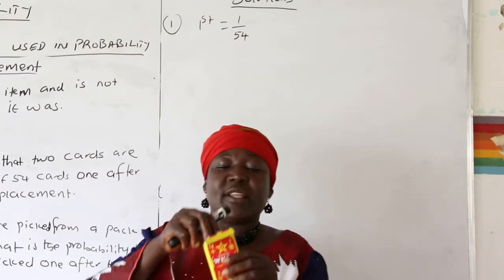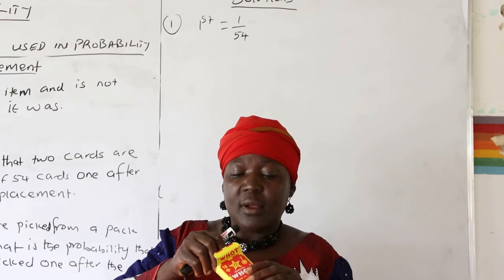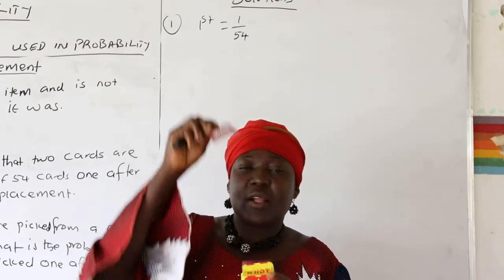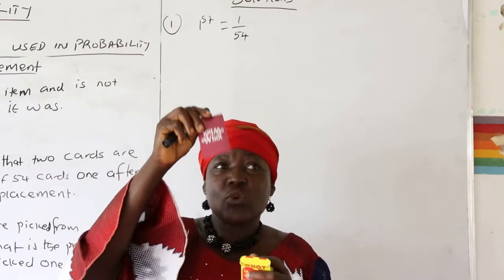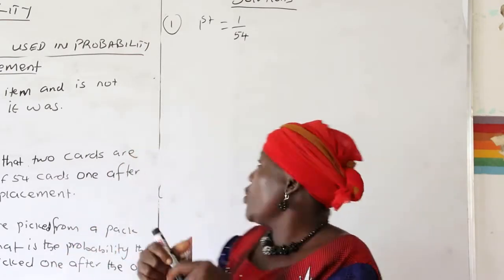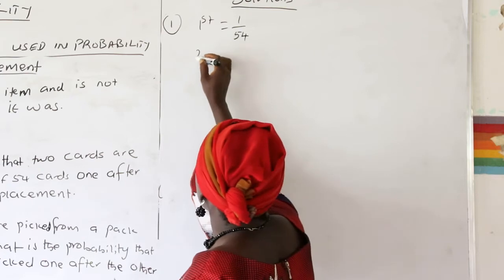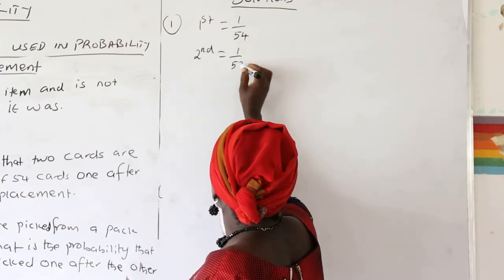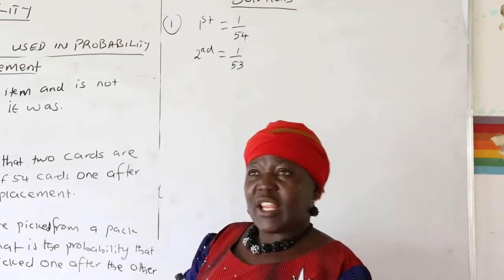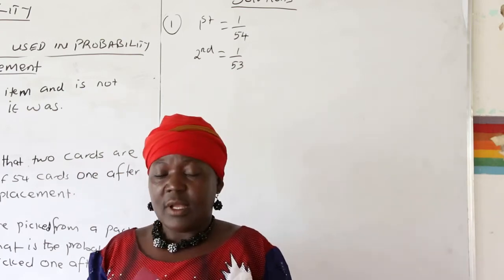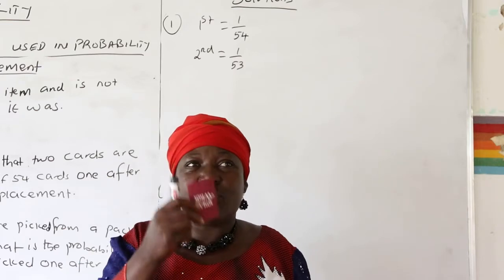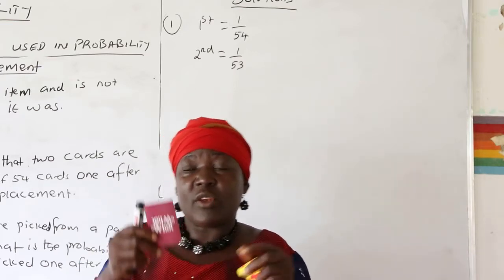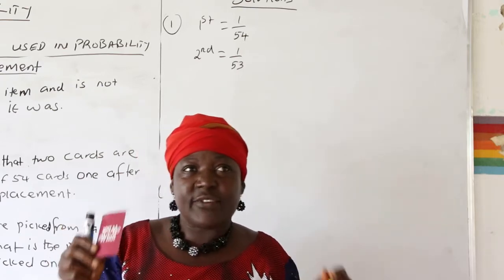So I will now pick the second card. For this one, it will be second picking. It will be 1 over 53. But assuming they mention the type of card you will pick, like the other time, there were some that were 12, some were 9, some were 7, and so on.